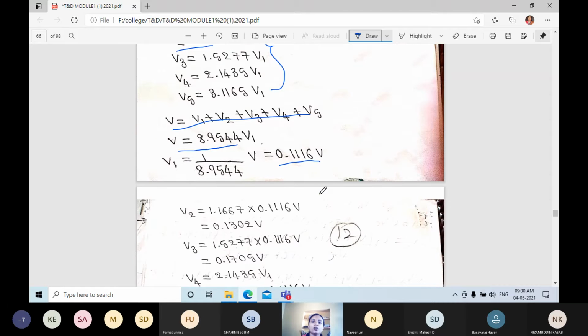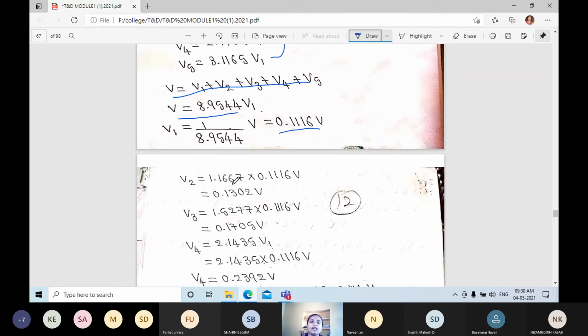That is V1. For V2, 1.1667 into the V1 value of 0.1116, when you multiply, you'll get V2 as 0.1302 voltage. Okay, first you need to calculate this.